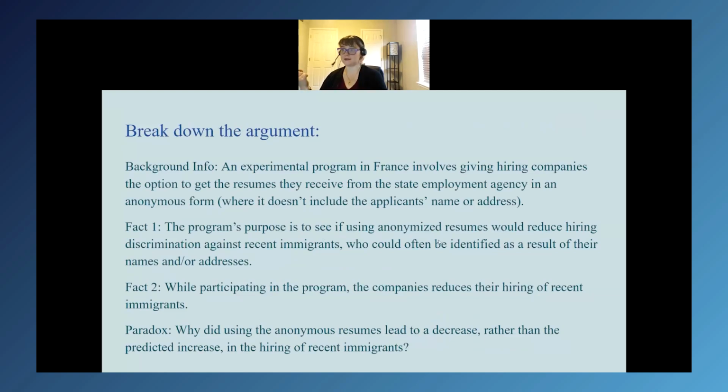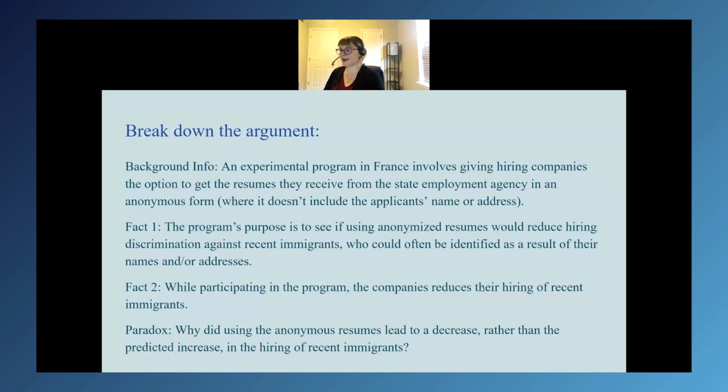So, the experimental program in France is giving these companies the option to get resumes in anonymous form. Notice that this is optional. They have to sign up for it. Our first fact is the program's purpose is to see if using anonymized resumes would reduce hiring discrimination, because they're taking off the information that would help them identify recent immigrants.